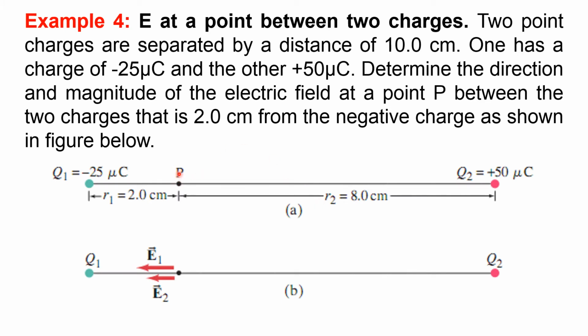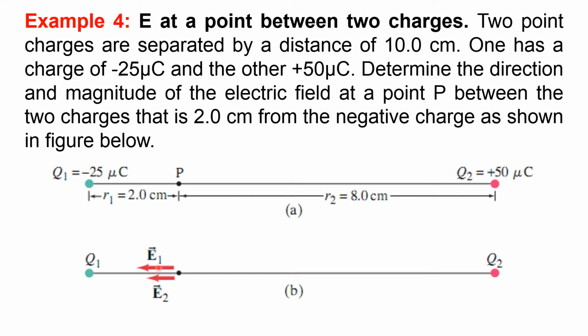We have a point charge at point P. Then the separation between the two charges is 10 centimeters, which means that charge Q1 is at 2 centimeters from point P, and the charge Q2 is at 8 centimeters from point P. Since charge Q1 is negative, we know that the electric field is oriented towards the negative charge.